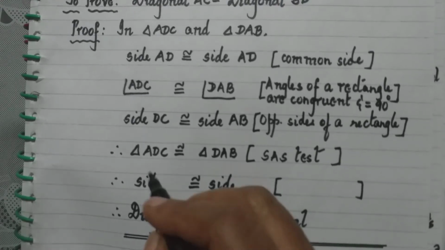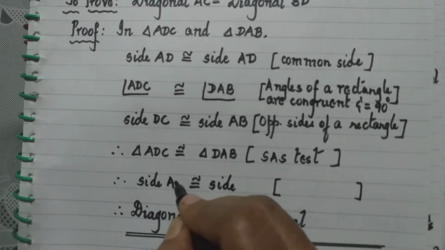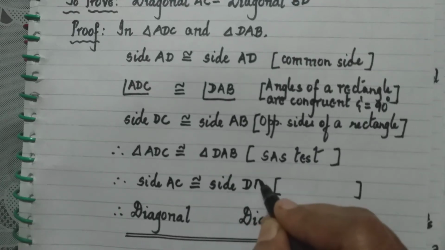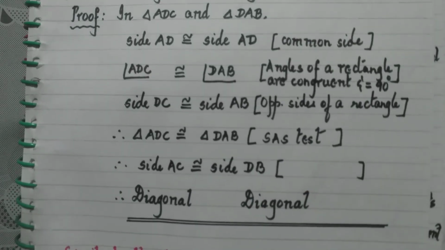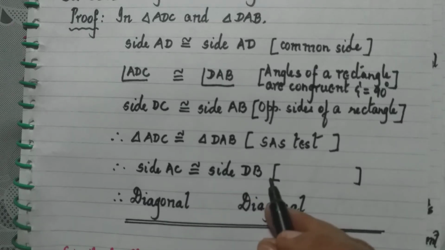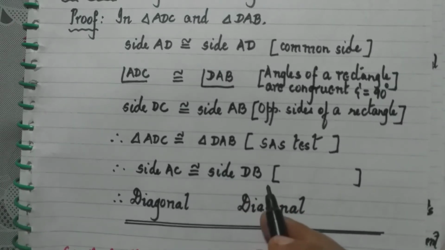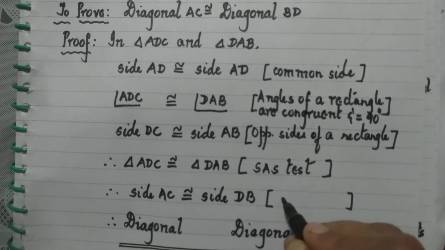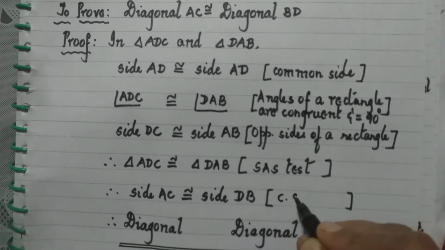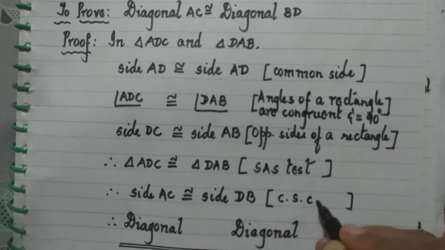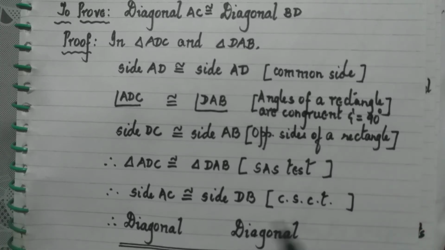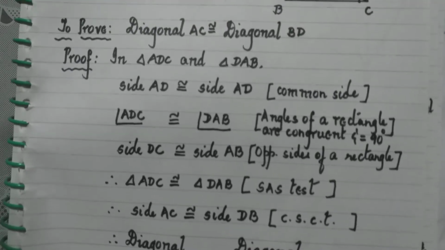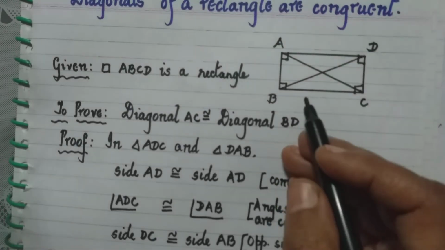So, I write here side AC is congruent to side DB or side BD. If they are congruent to each other, how are they congruent? They are the corresponding sides, we said. So, by corresponding sides of congruent triangles, we can say that these two sides are congruent to each other.